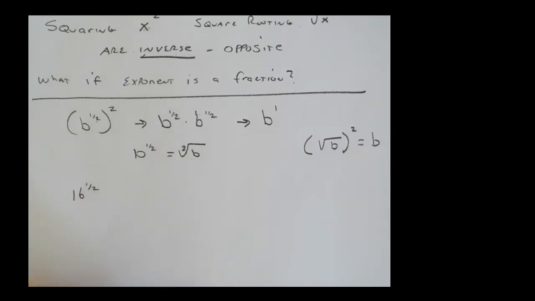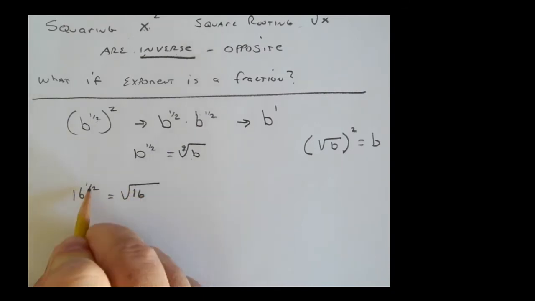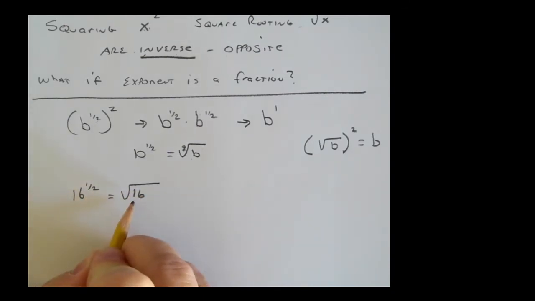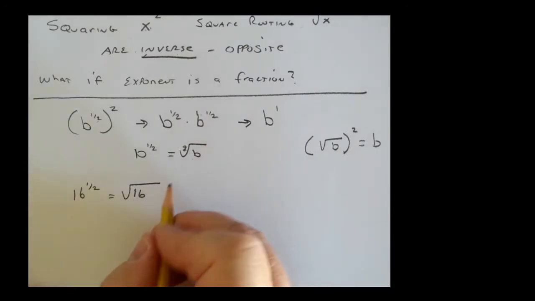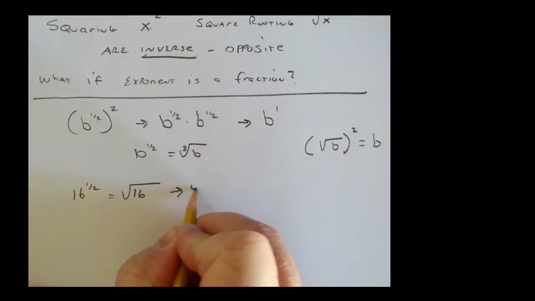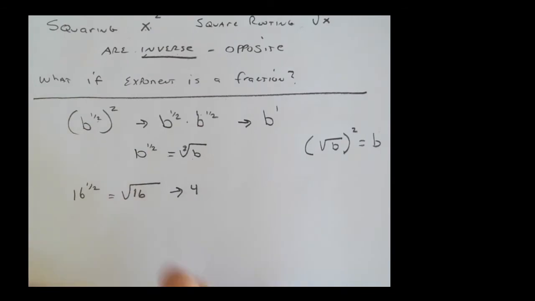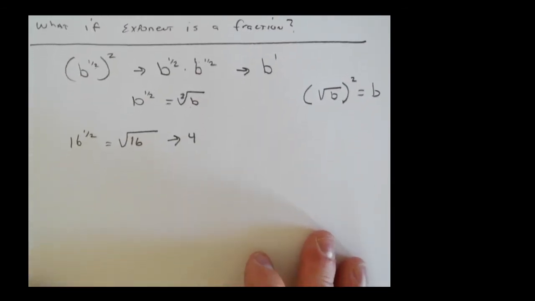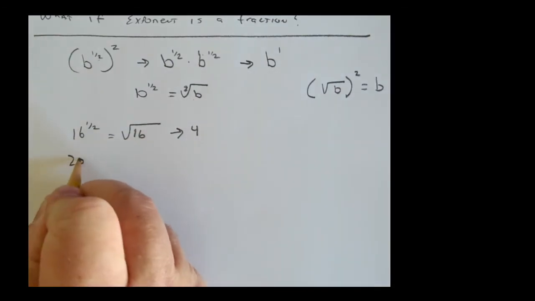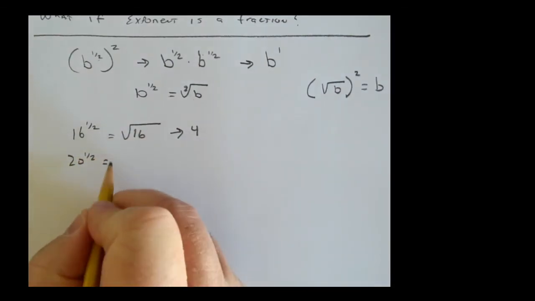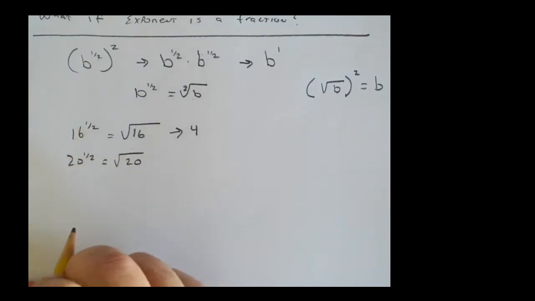What's 16 to the 1/2 power? We know that anything to the 1/2 power is the square root of 16. And so, we can keep simplifying. That's going to be our goal here, to simplify. So we'll get 4. How about 20 to the 1/2 power? Well, that's going to be the square root of 20.